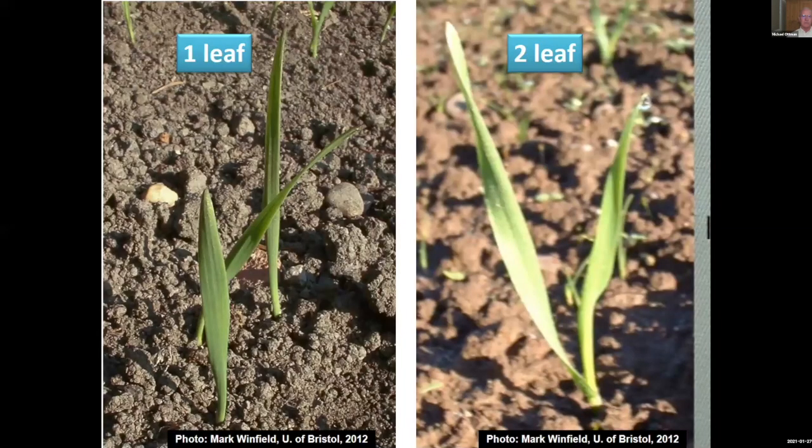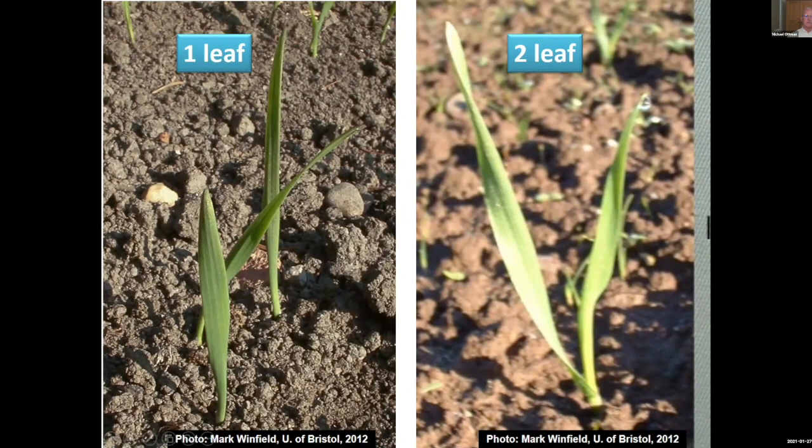So here is an example on the left of a wheat plant in the 1 leaf stage, and one thing you would notice is that the first leaf, called the cotyledon leaf, has a rounded tip, and you can see that right here, and this would be the second leaf here.